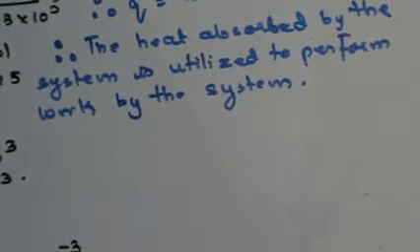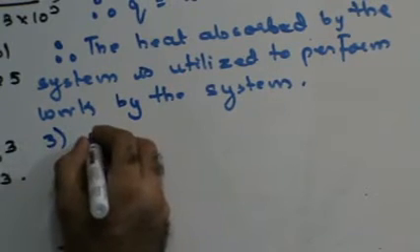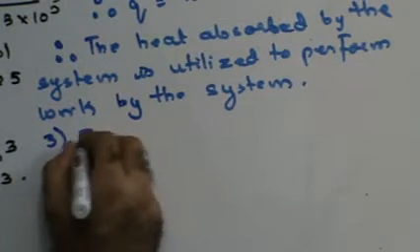Therefore, the heat supplied to the system is used to do external work. Hence, maximum work is done in an isothermal reversible process. Now that we know when maximum work is done, let us derive an expression for maximum work done.